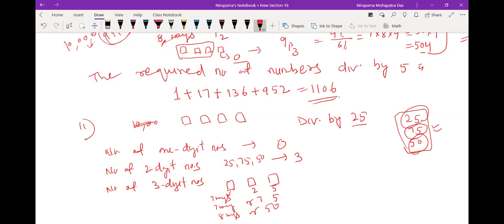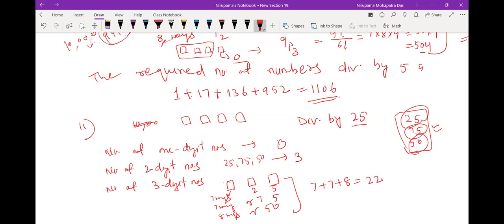Similarly, whenever you have 25 in the last two places, 0 cannot be in the hundreds place, so you are left with 7 ways. So the number of three-digit numbers divisible by 25 will be 7 plus 7 plus 8, that is 22.